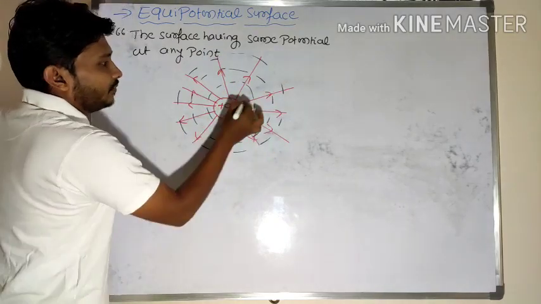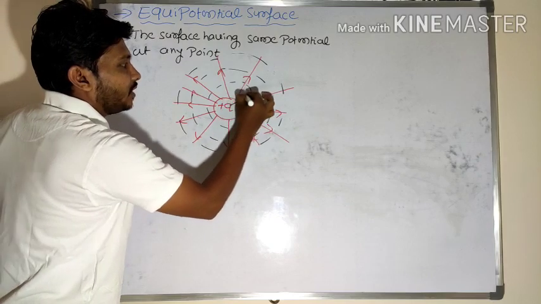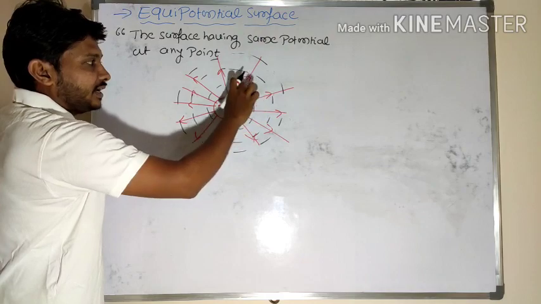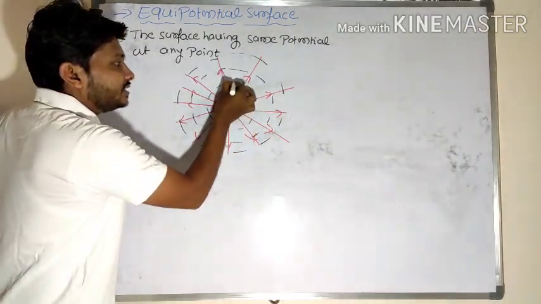So wherever you calculate the potential value, the potential is constant for a constant radius. For a fixed radius, wherever you calculate the potential value, you will get the same answer.